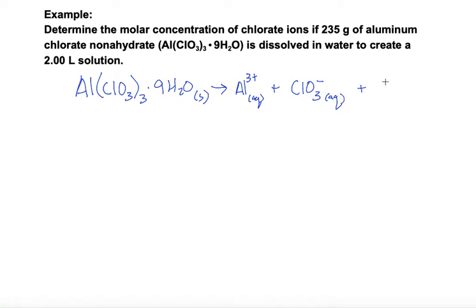And we're going to end up with water, right? This is a hydrated salt, so you'll see that there's water present. We're going to end up with 9 waters because we have 9 H2O. We're going to end up with 3 chlorates, so when we balance this, there'll be a 3, and we'll end up with 1 aluminum. So this is our balanced equation for the dissociation of this particular hydrate salt.